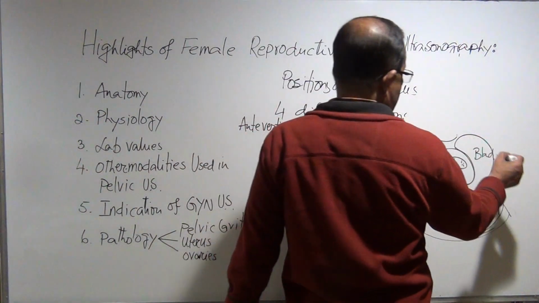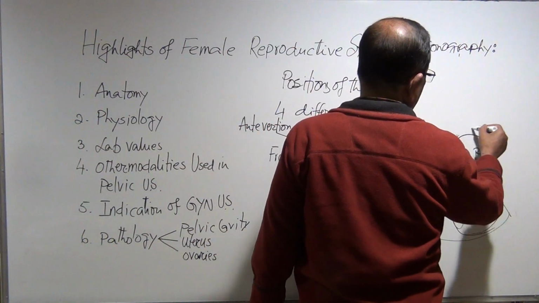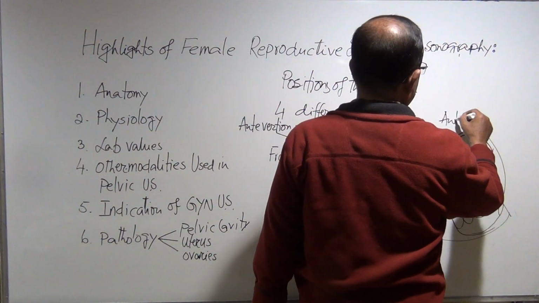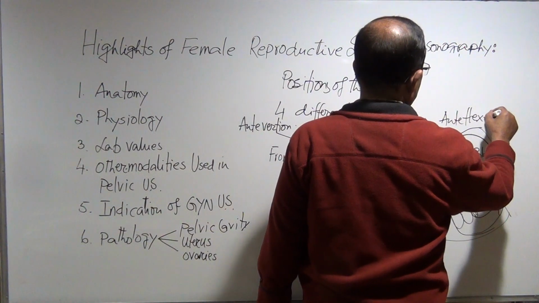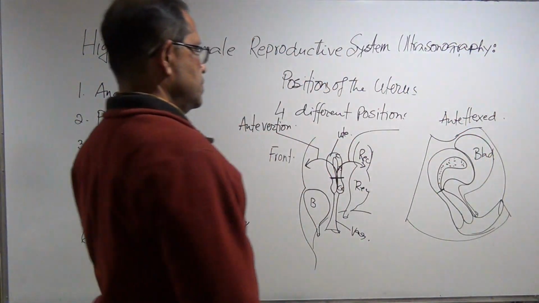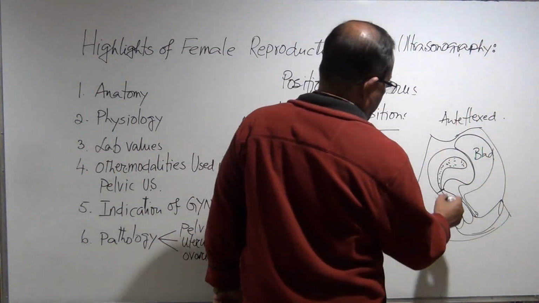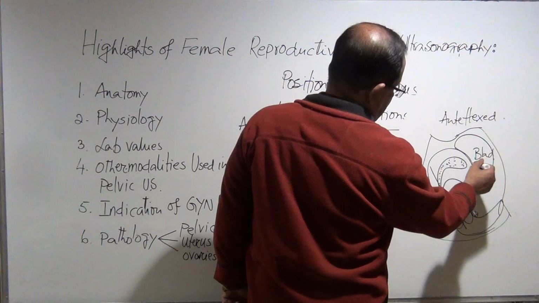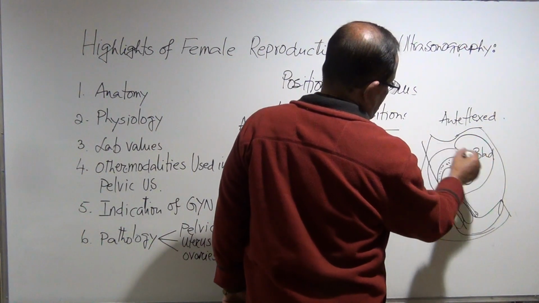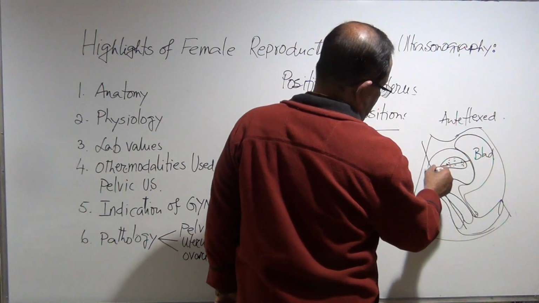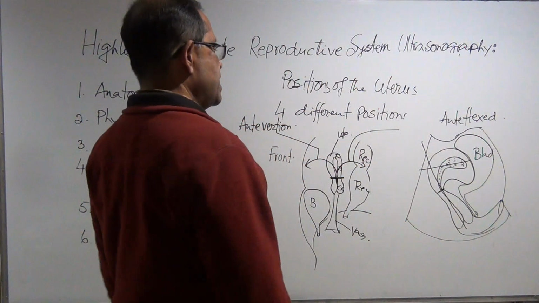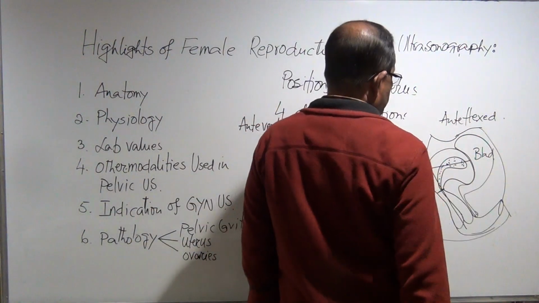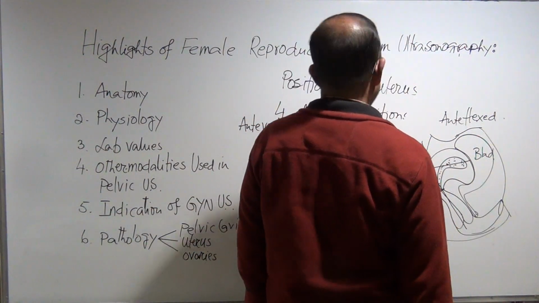So, okay, if I draw it here, so this is anteflexed. In anteflexed, if you draw a line through the body and fundus, and then another line, you will see it cuts at 90 degrees.